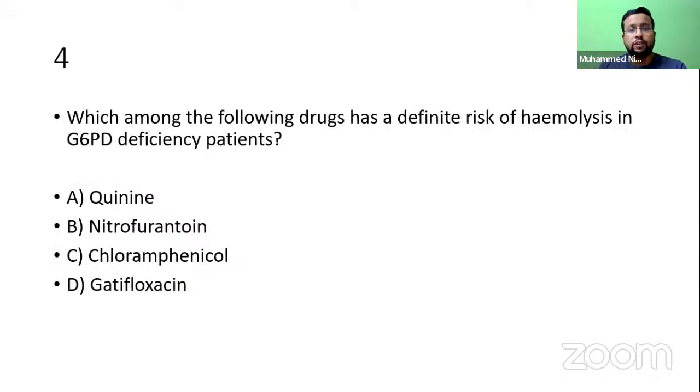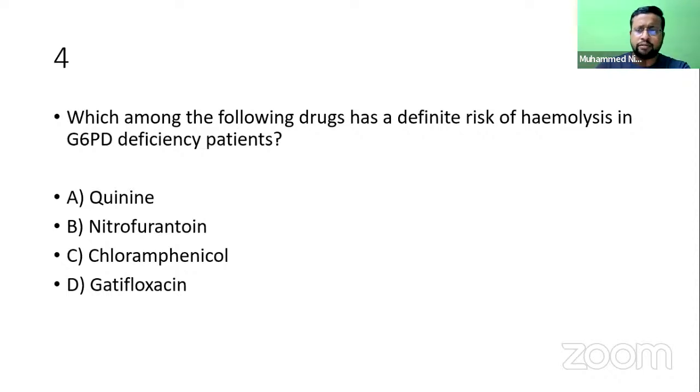Next question: which of the following drugs has a definite risk of hemolysis in patients with G6PD deficiency? The options given are quinine, nitrofurantoin, chloramphenicol, and gatifloxacin. Again, a straightforward question, and also a question from the table in Harrison.